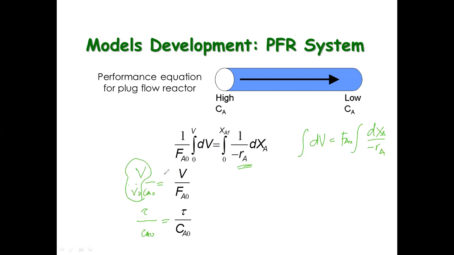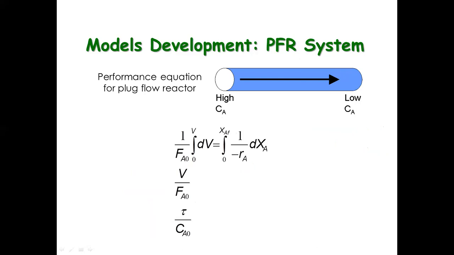In the case of PFR, you have integration in here. So tau over CAO or V over FAO, this is how it should be interpreted, is equated to this integral on the right side for your PFR. Again, V over FAO, if this is the one that is given in the problem, or tau over CAO, is to be equated to what is written here on the right side for your PFR.